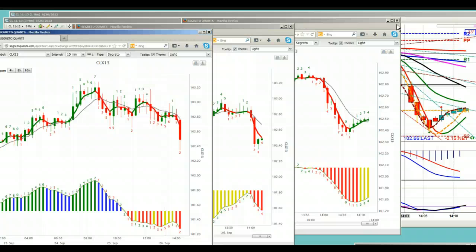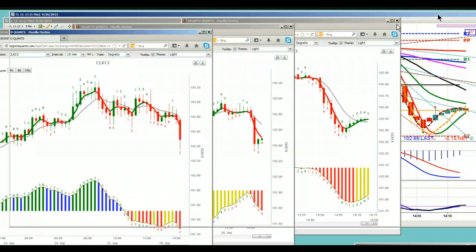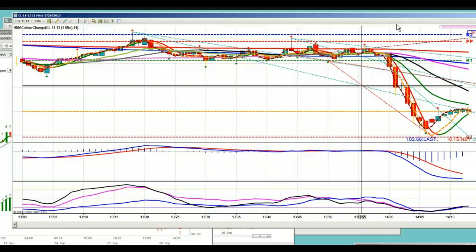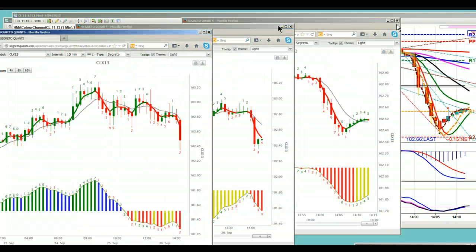Or you can mix and match on one monitor. You can just have a 1-minute Ninja like this with your 1, 5, and 15 Segredo, or you can get rid of the 1-minute Segredo and just have your 1 and your 5 and your 15.